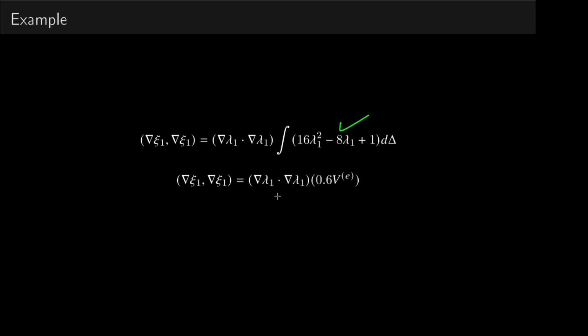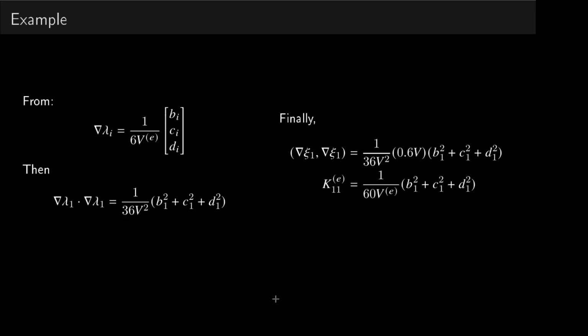Now we just have to evaluate the dot product. The dot product is actually as we did before with the linear element. So we use this expression of grad lambda i.